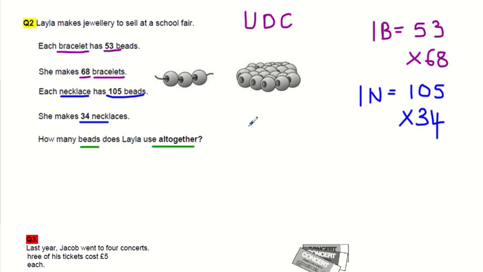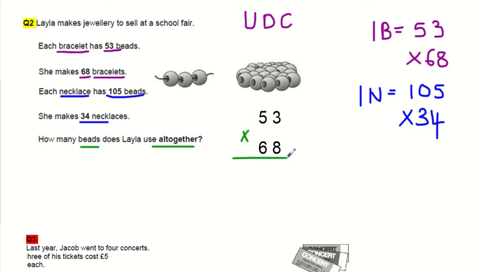Okay, so I need to then do some calculating now to find out how many beads were used in the bracelets, in the 68 bracelets. How many beads were used in the 34 necklaces? Okay, so I know that there were 53 beads in one bracelet and she made 68 bracelets. So I know that I will need to multiply these together.